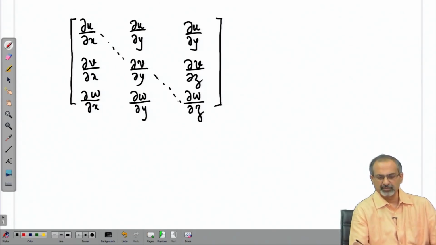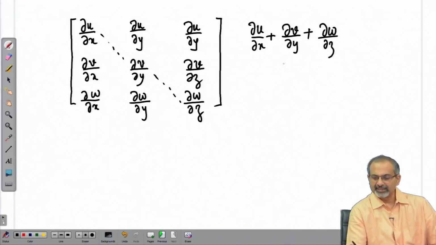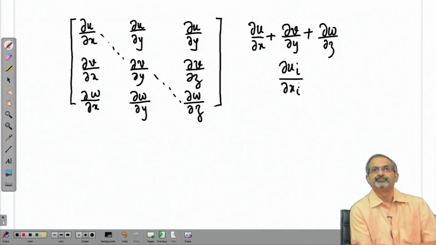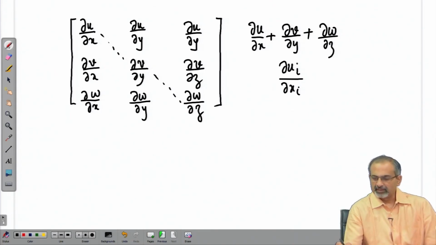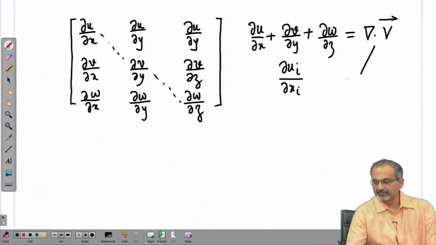If you were to sum them up, what do you get? You get del u del x plus del v del y plus del w del z, which in index notation may be written as del u i del x i, and that is called the divergence of velocity.